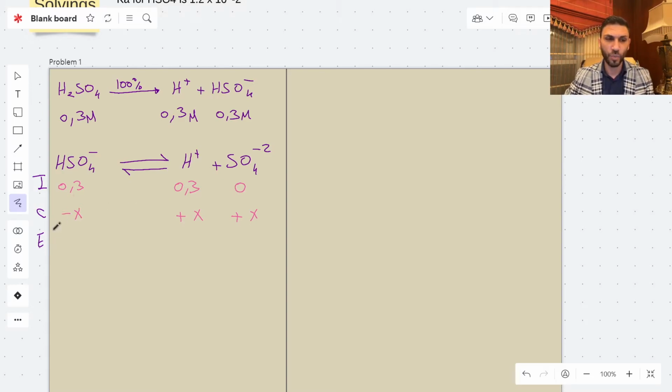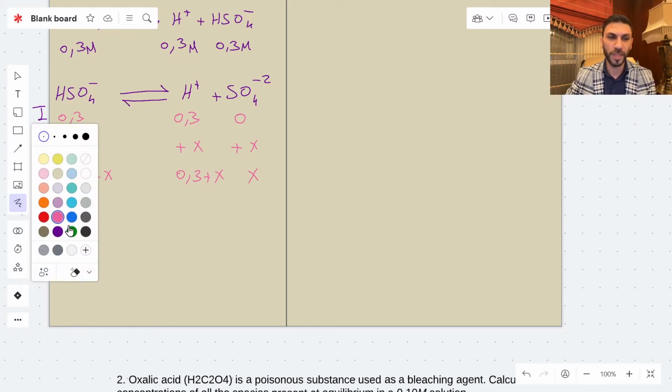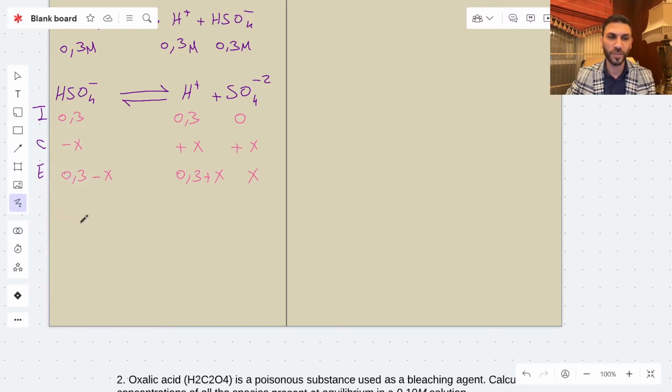In the initial, we add the I to C, so it's going to be 0.3 minus X, and here we have 0.3 plus X, and here we have X. Now, we need to write the constant for the ionization constant for this reaction.